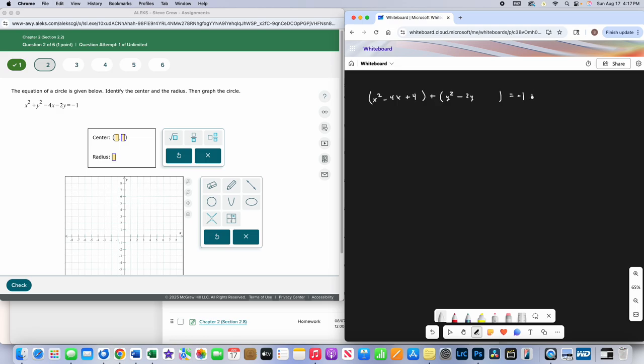That means we have to come over here and add 4 to the other side. And then for this one, we have to half the -2, so half of -2 is -1, it really doesn't matter, you're squaring that anyway. So -1 squared is 1, so we're going to add 1 to this side as well.